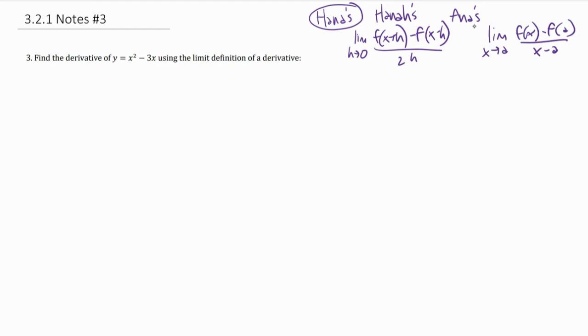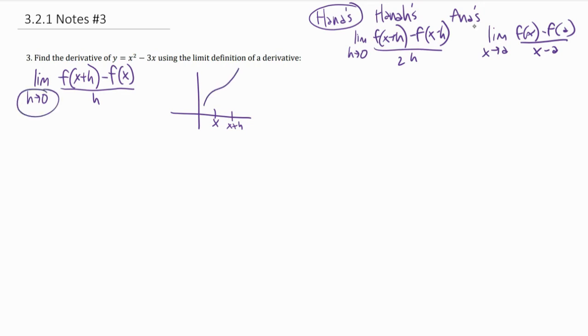The limit as h approaches 0 of f of x plus h minus f of x all over h. Just to remind you what this comes from, this is finding the slope between a point x and x plus h. For those points to be really close together so that you are finding the actual slope, h needs to approach 0.